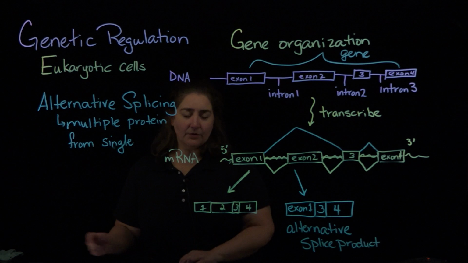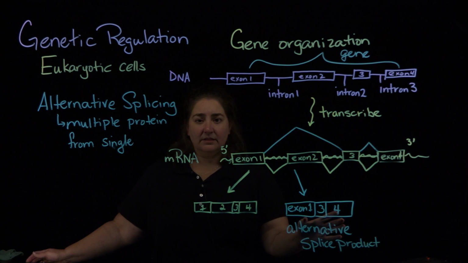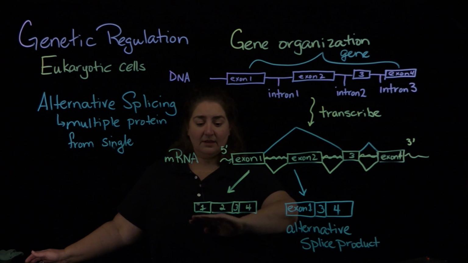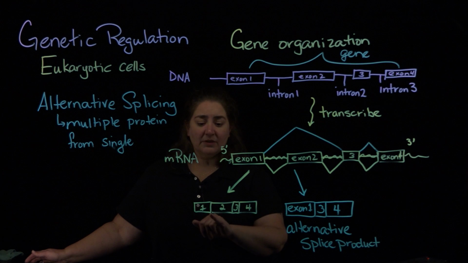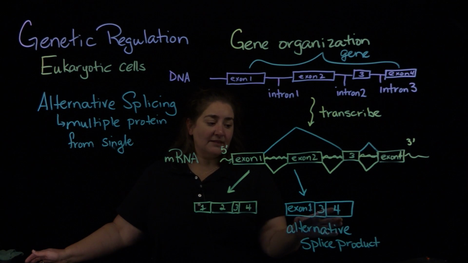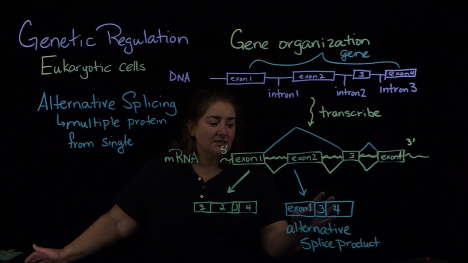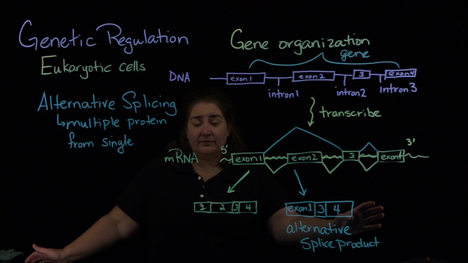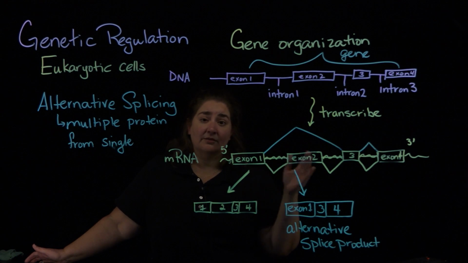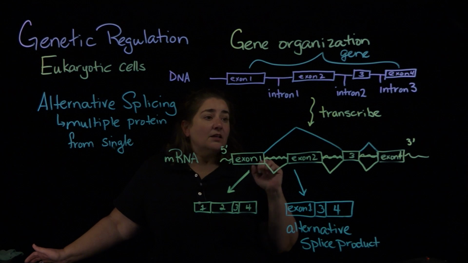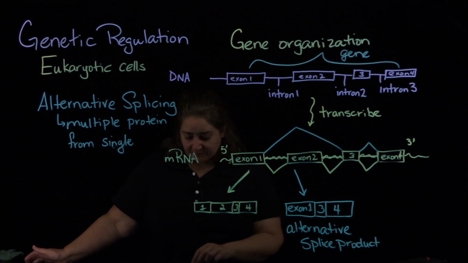And the protein that's made here is going to be different than the protein here because we no longer have exon 2. All right? So that's going to result in a different protein, potentially different amino acids being inserted after exon 1, depending on how the reading frame goes with translation.